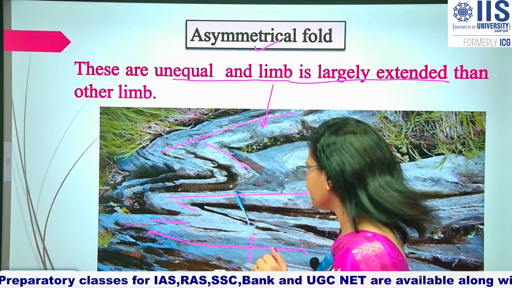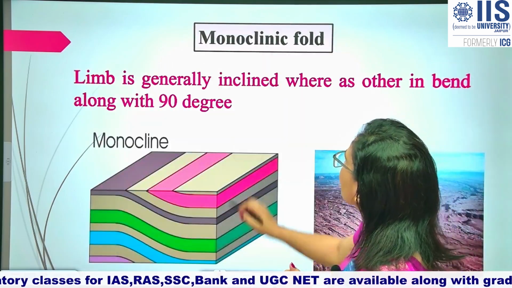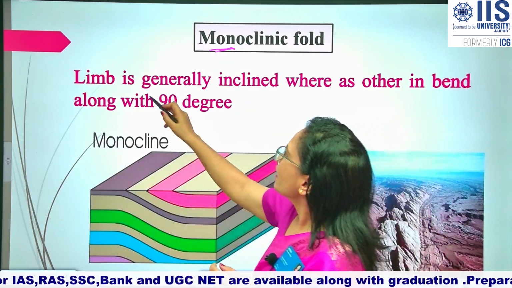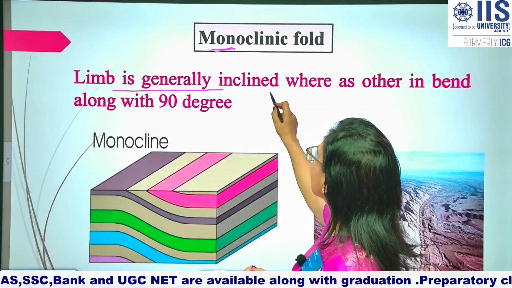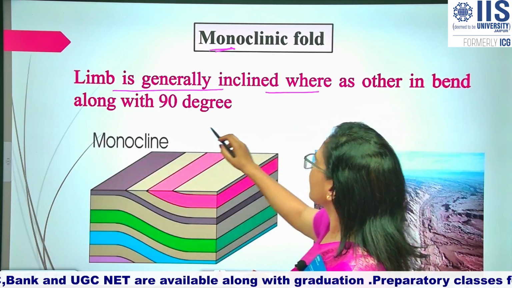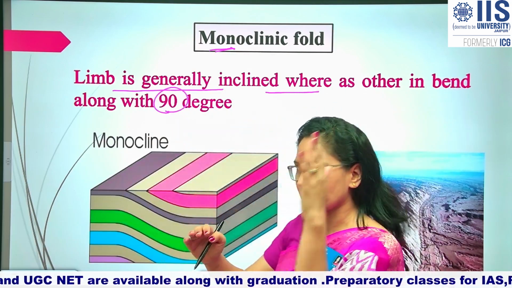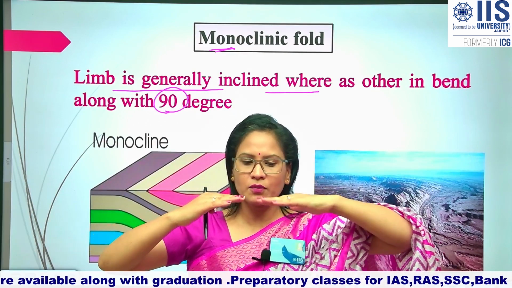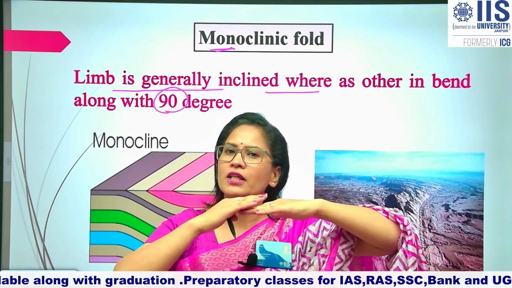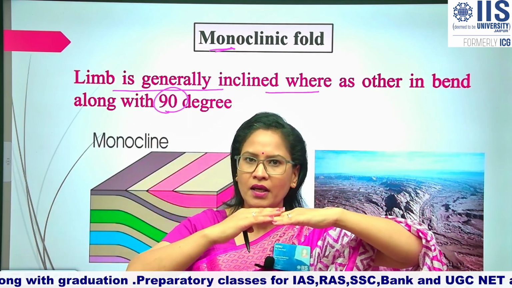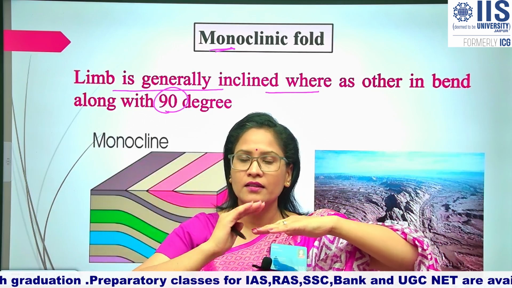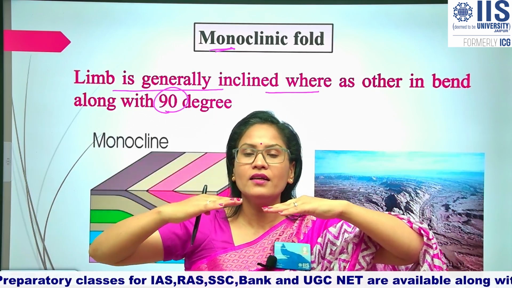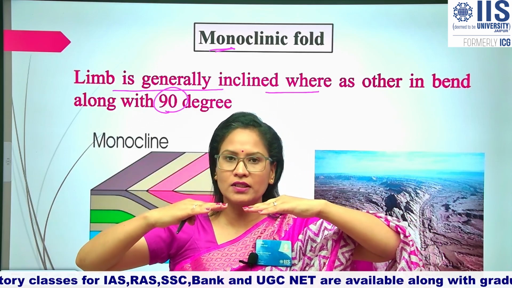So these types of folds are known as asymmetrical folds. Is it okay? Next, what will happen? Monoclinical. Mono means one, clinical means bent. One limb is generally inclined, whereas the other is bent at 90 degrees. For example, force is coming towards each other, then what will happen? Suppose this force is very slow, very calm, or stagnant. There is no force on the left side, but this force is at high velocity. So what will happen?